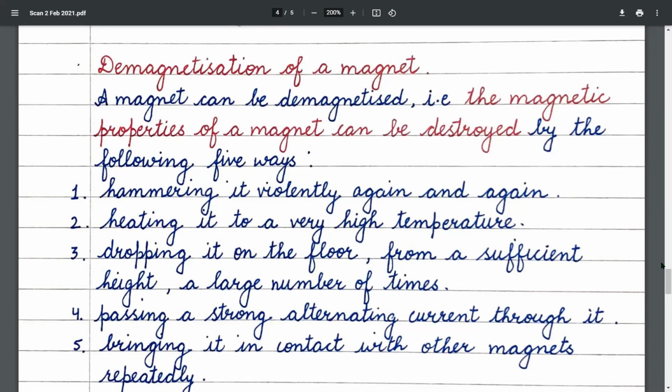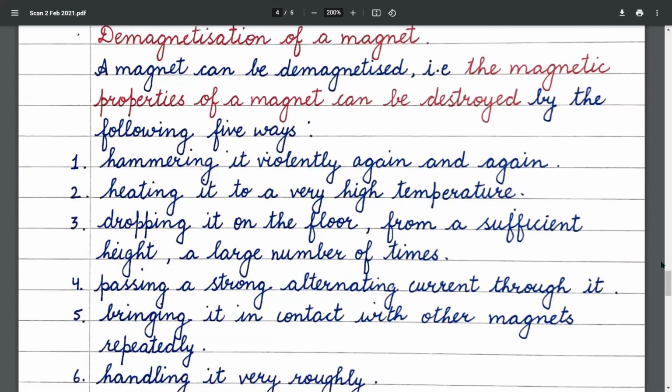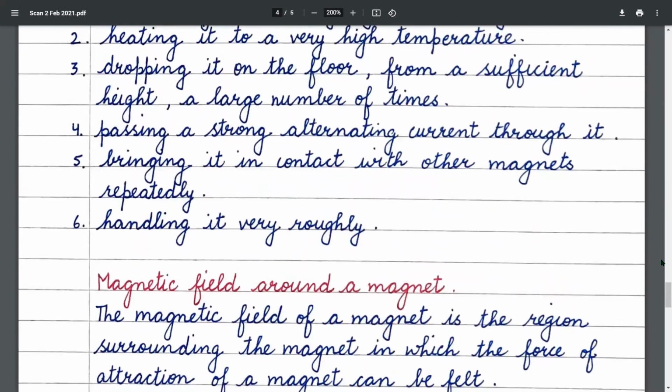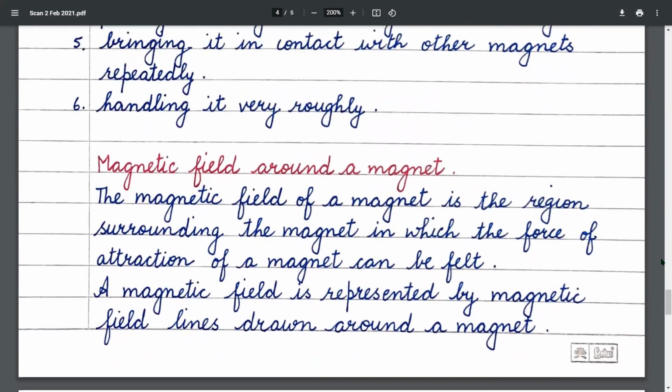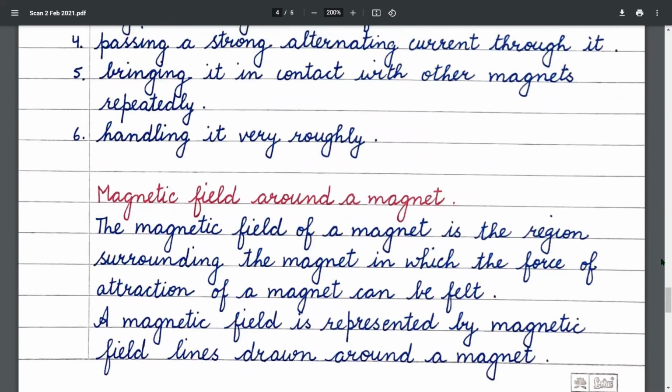Number four, passing a strong alternating current through it. Number five, bringing it in contact with other magnets repeatedly. Number six, handling it very roughly. By all these methods, the magnet can be demagnetized. That means the magnetic properties of a magnet can be destroyed.